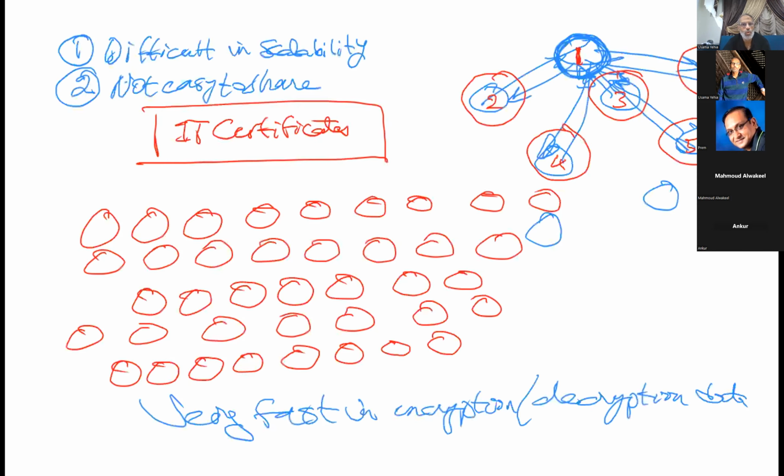Suppose that I want to send data to all my trainees, as in the same example. If I want to send data to all my employees, it will be very difficult, because I will not be able to send to all these users. So here what I will do, I will create a private and public key for myself.